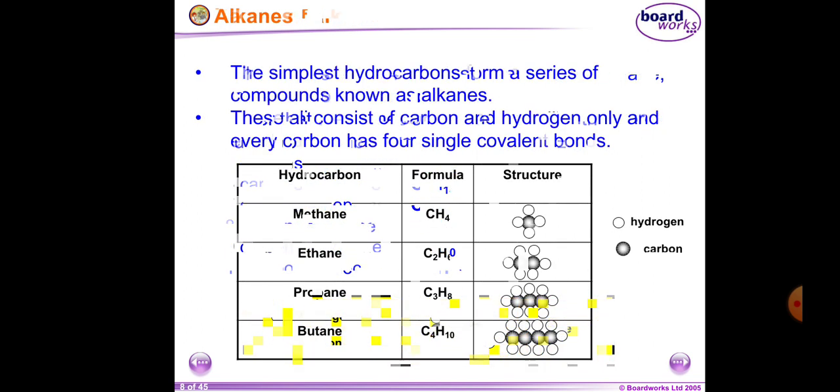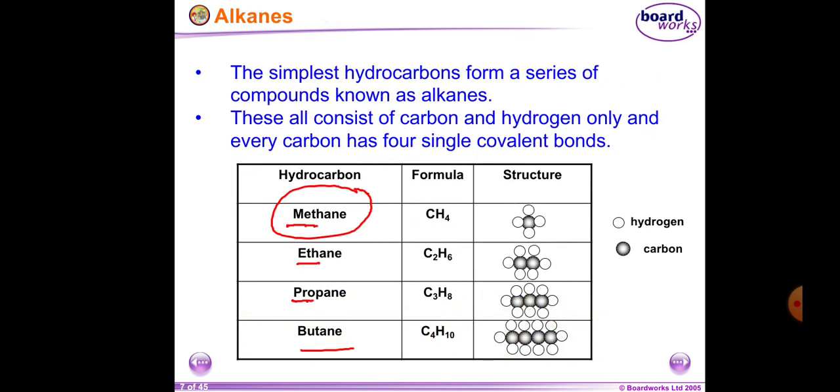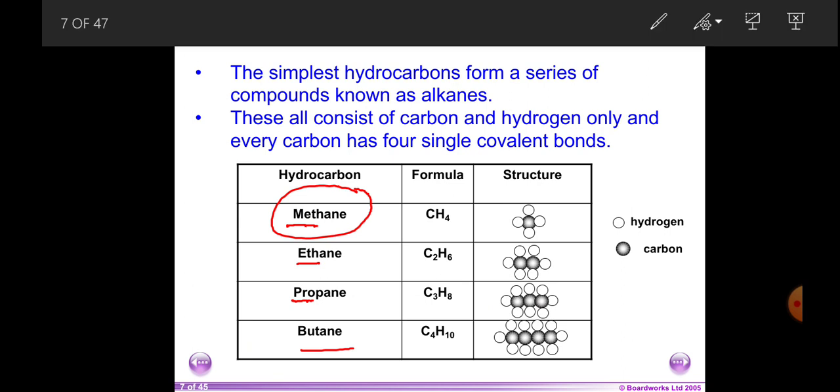Now, there's something I would like you to notice. The first member has 1 carbon and 4 hydrogens. 1 carbon is bonded to 4 hydrogens, making 4 bonds. Ethane has 2 carbons and 6 hydrogens.